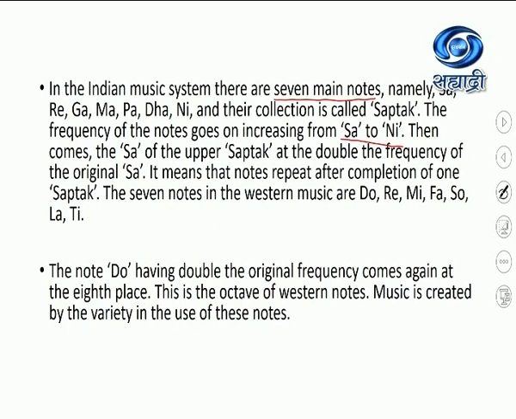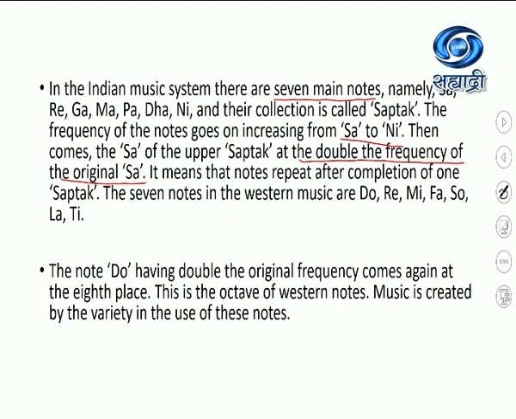So that is the upper saptak. We call them Mandra saptak, Madhya saptak and Tara saptak. The frequency of Sa is different, but the note is the same, Sa, at double the frequency of the original Sa. It means that notes repeat after completion of one saptak.